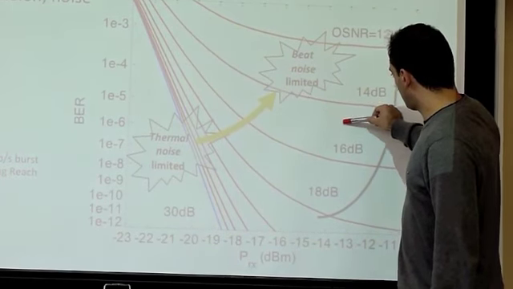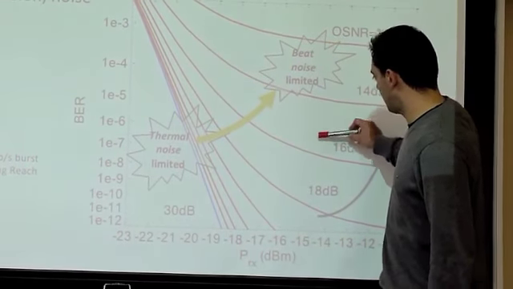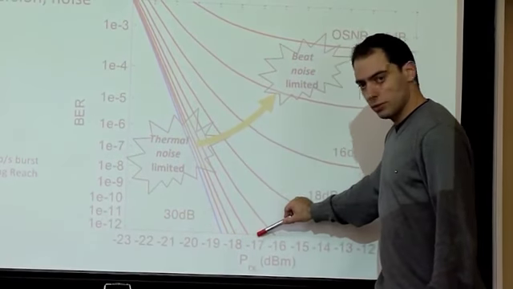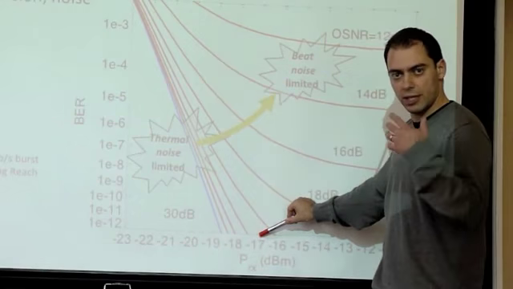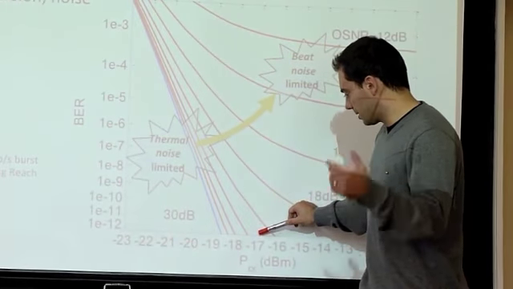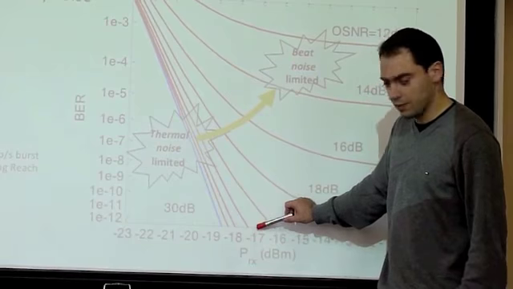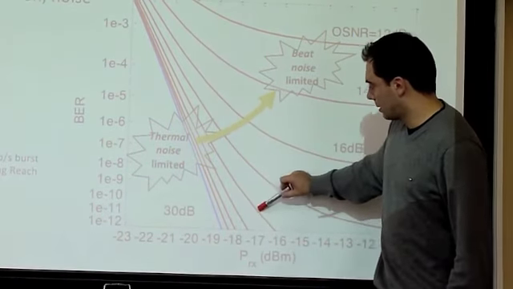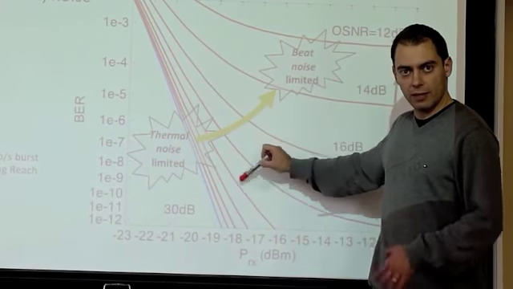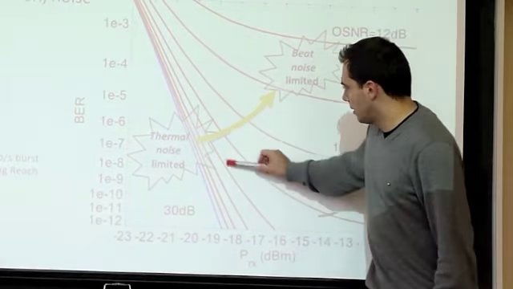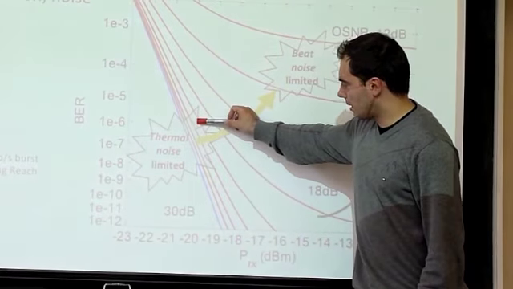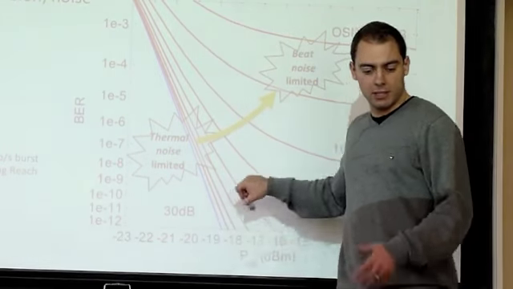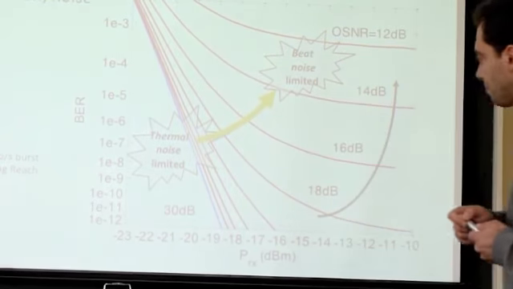If I have 16 dB of optical signal to noise ratio, then I need to transmit enough power, or build the system in a certain way, to receive this power. But if I have a system with less noise, then for the same error rate I can transmit 3 dB less power, for example. That means my system gives me a 3 dB advantage.